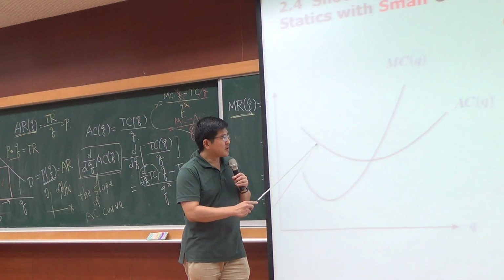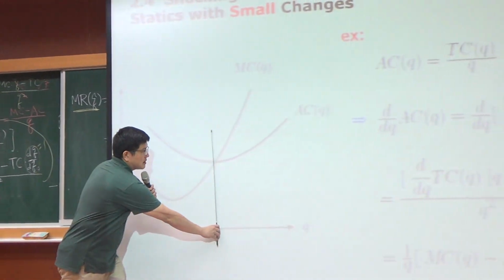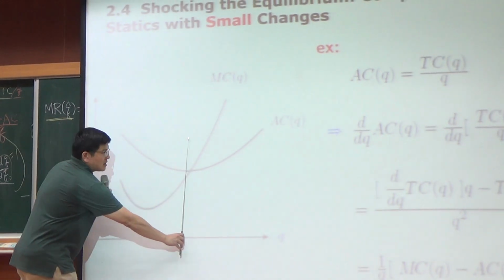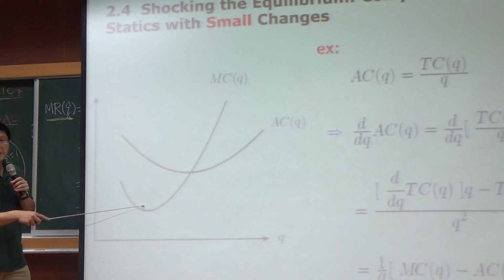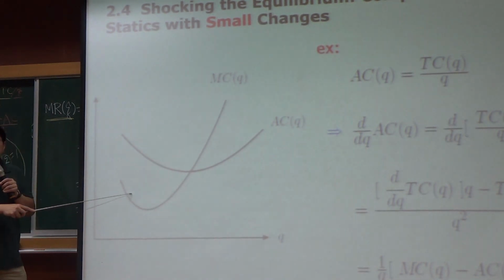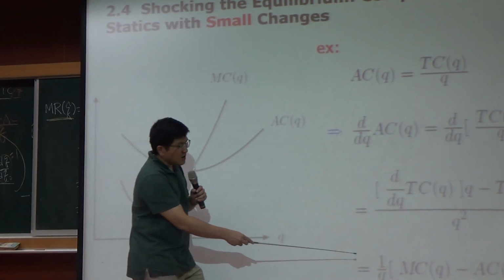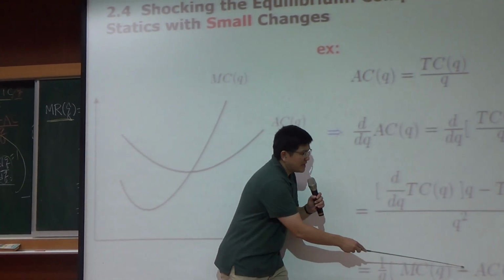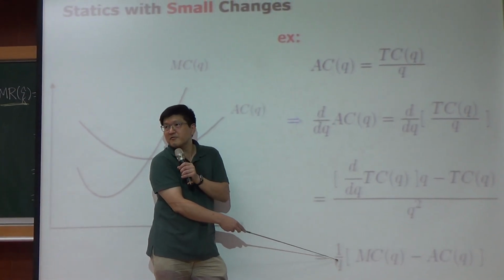So in this part, we see marginal cost falls below average cost. So the marginal cost is smaller than average cost, right? And a smaller marginal cost minus a bigger average cost, this term would be negative.